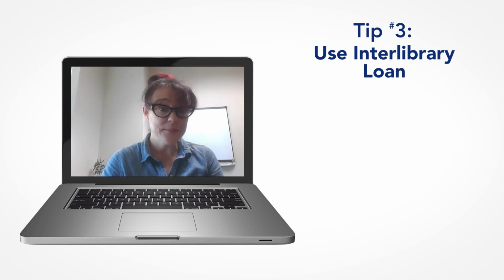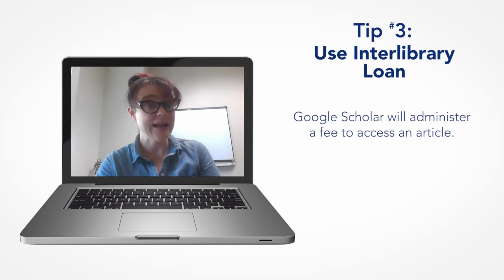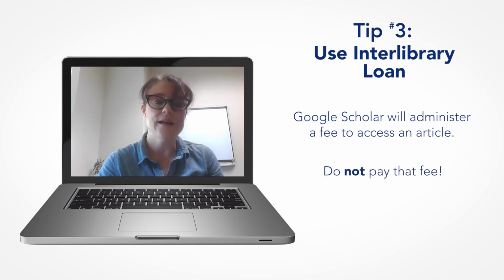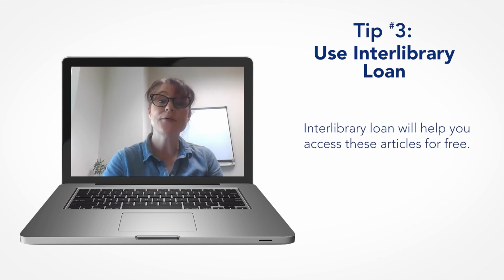But typically, Google Scholar will want you to pay like $39.99 to access an article. Never, ever, ever pay that, because we have interlibrary loan and you can get these articles for free. Even if we don't have access to them through our library, we can get them for you.